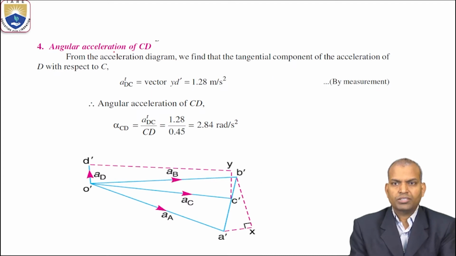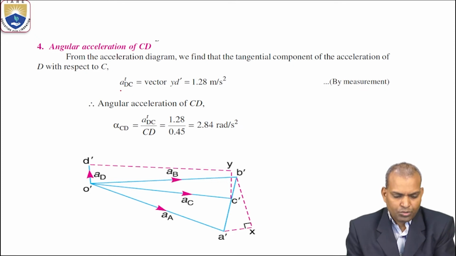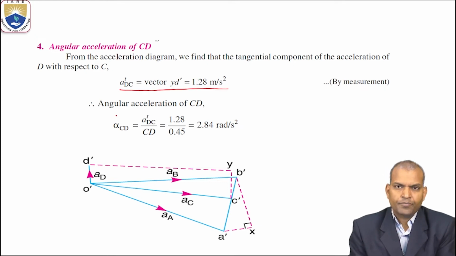And our final objective from the acceleration diagram is the angular acceleration of CD. Angular acceleration of CD comes from the tangential component ATDC, that is vector Y D dash, equal to 1.28 meter per second square.